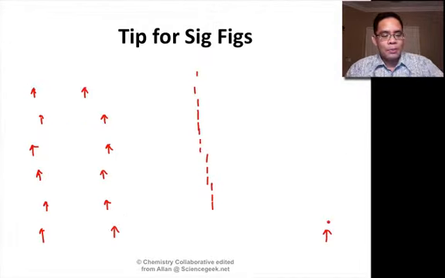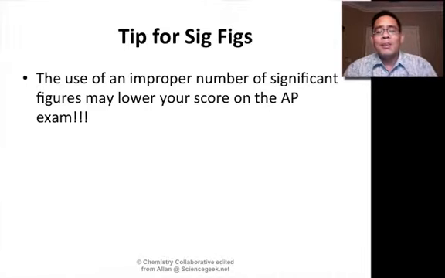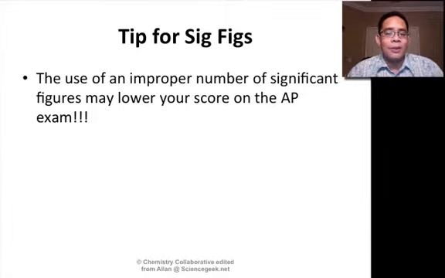So in terms of tips for sig figs, just know that the use of improper sig figs on the AP exam can possibly lower your score on the AP exam. One point can be the difference between being a 3 and a 4. And it doesn't even matter if you're a high 3, it's still going to be a 3. So if that one point caused you to lose that score on the AP exam, that means it did affect your exam score.